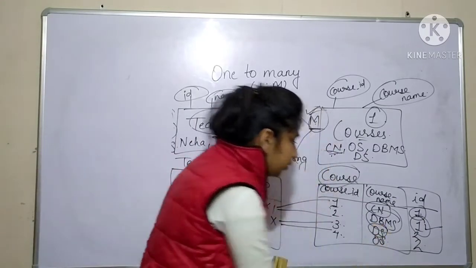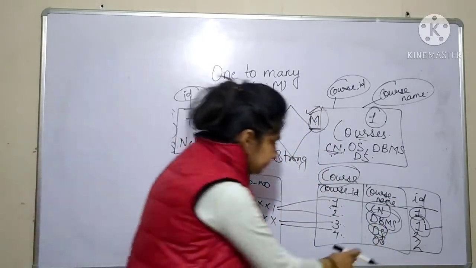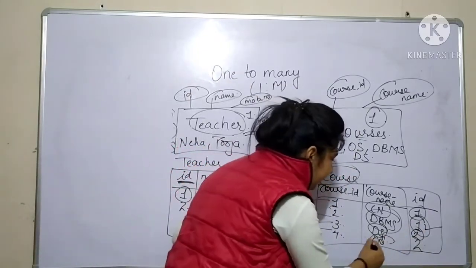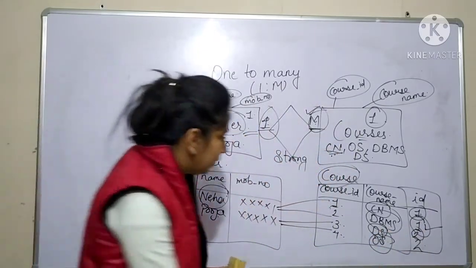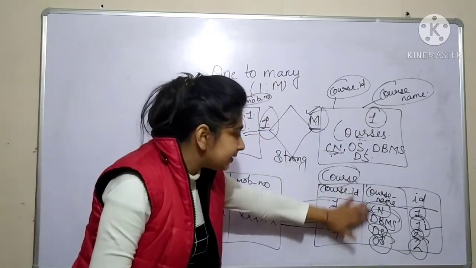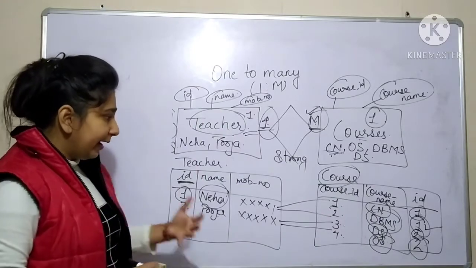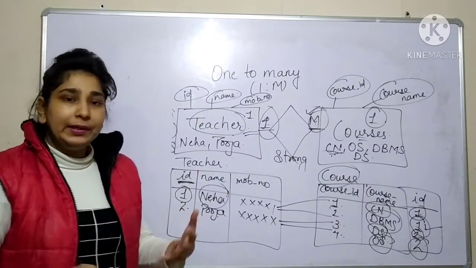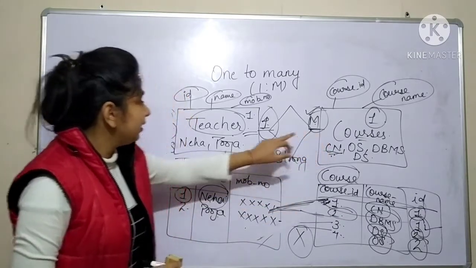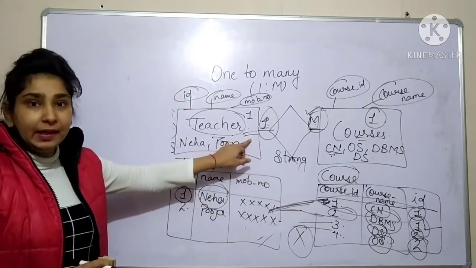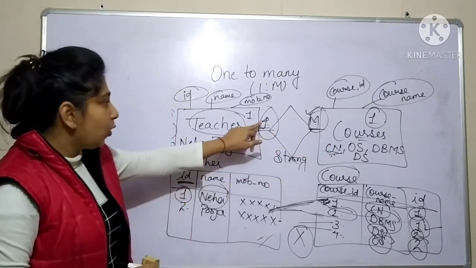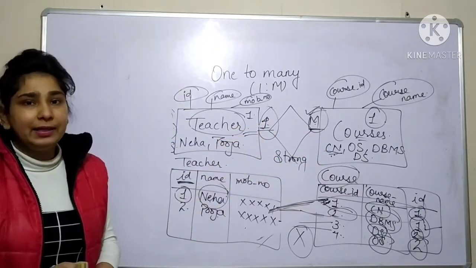This subject is taught only by Pooja. This operating system is taught only by teacher Pooja. So all these subjects are taught by only one teacher. One course corresponds to only one teacher.